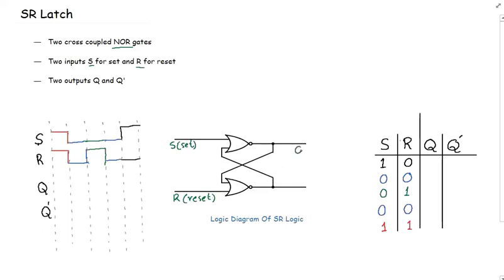Q dash is the output at this gate, and Q is the output of this gate. Keep in mind that Q and Q dash will always be complements of each other. If Q is 0, Q dash will be 1, and if Q is 1, then Q dash will be equal to 0. So they will always be complements of each other.